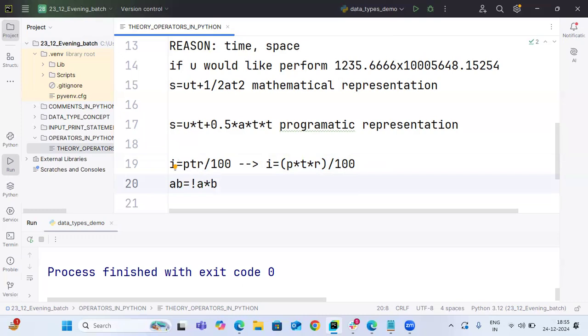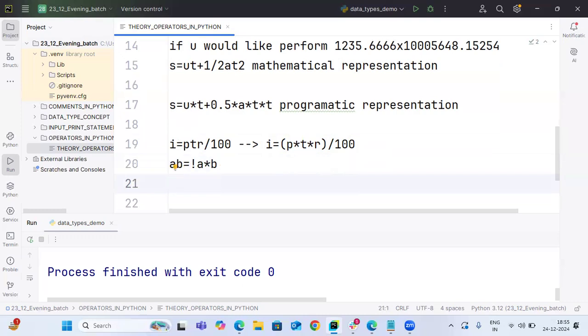Similarly, if you go ahead with a programmatic way, I'll tell you one case: A plus equal to 2. What does it mean? Is this a valid expression? Prashant and online people, Gautam, Nitish, Prashant and Venukumar, could you tell me, is A plus equal to 2 a valid expression according to mathematics?